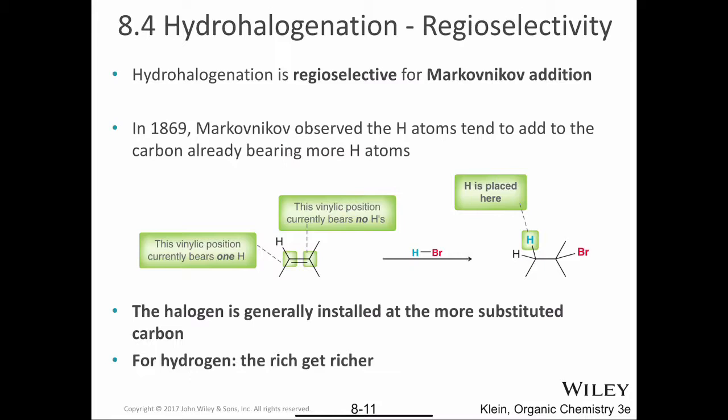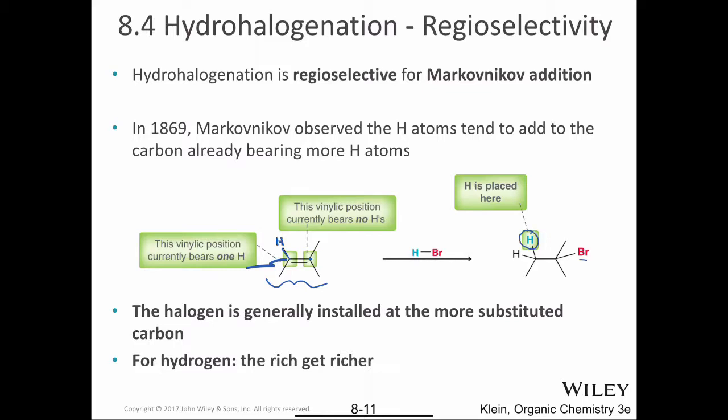If you look at the vinylic positions of this unsymmetrical alkene, this carbon has one hydrogen attached, and this carbon has no hydrogens attached. So the carbon that has the most hydrogens, which in this case is the only one with hydrogens, is the one that's going to take the hydrogen from the hydrogen halide. The hydrogen will be placed on this carbon, and then the halogen will go to the other carbon.